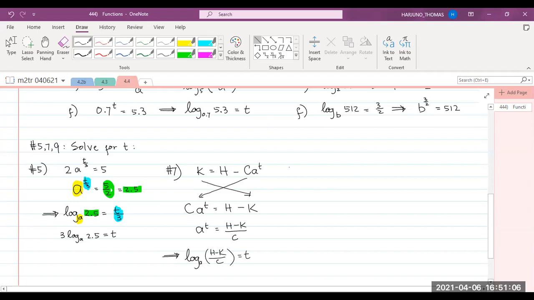Okay, now let me give you 1 minute to do number 9. A equals b times a to the ct plus d. Let me give you 1 minute to solve for t.